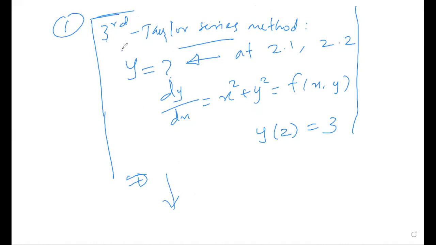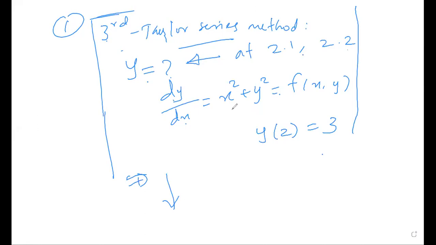I have summarized the sentences in this simpler way. It should be the third order Taylor series method, and they ask you to find y at the points 2.1 and 2.2, with dy over dx given like this. Give me a second, I'll change the color.